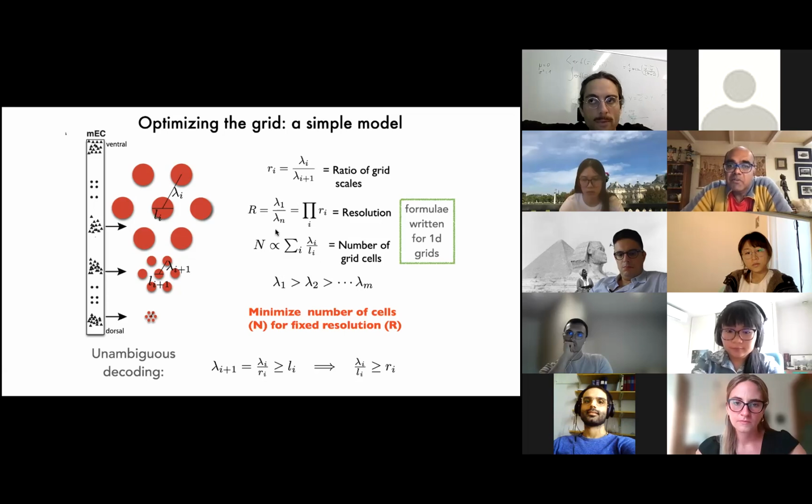To minimize the number of cells, I need to minimize everything on the right-hand side. Now these ratios, period over firing tuning curve width, are bigger than or equal to, for unambiguous decoding, the ratios Ri. So the smallest these numbers can be are these numbers Ri, the ratios of grid scales. So I can replace everything here by the Ri because that's the smallest they can be.